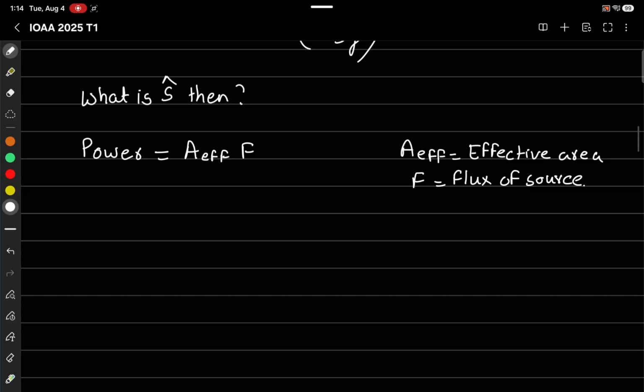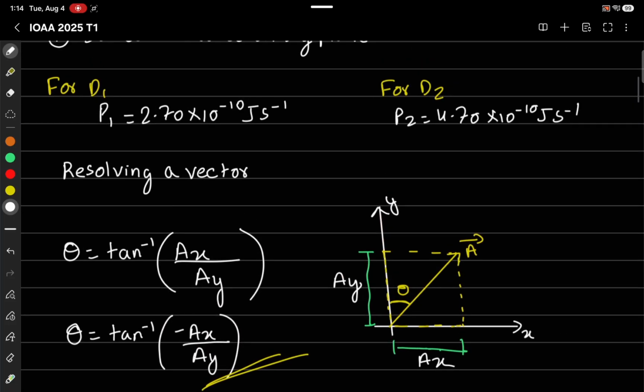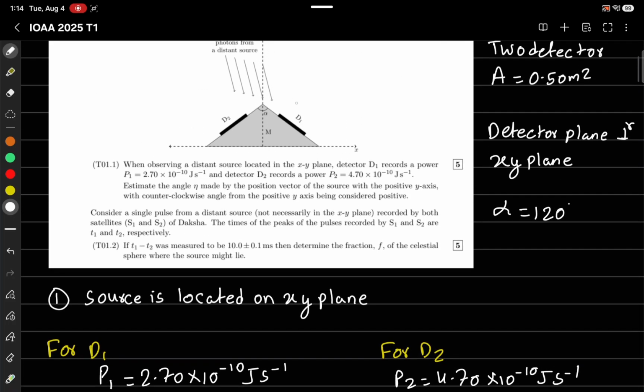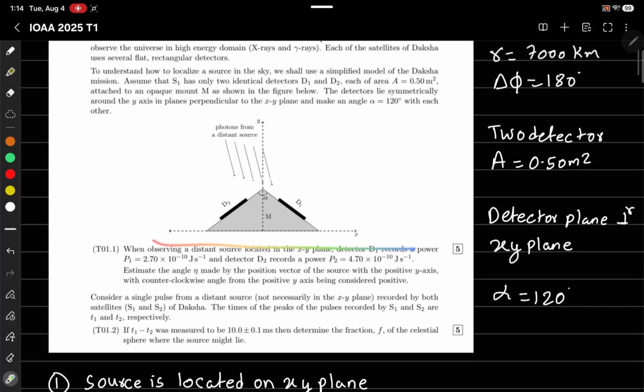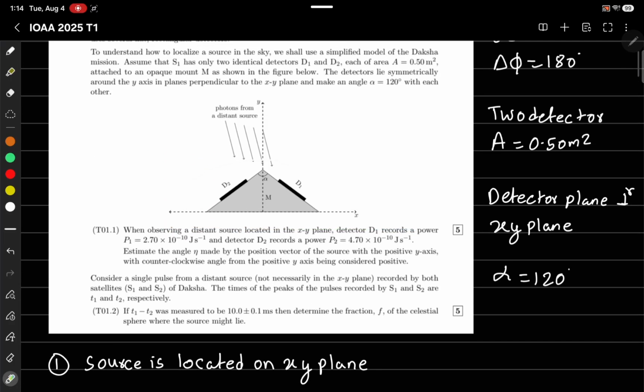Now if I look into the figure, this figure provided an image, it is said that detectors lie perpendicular to the xy plane, and then they make an angle of 120 degrees.